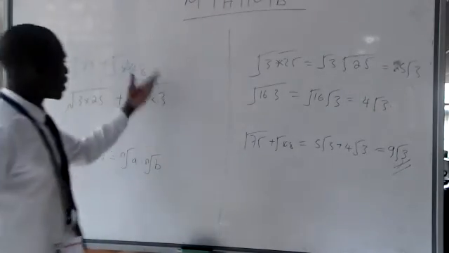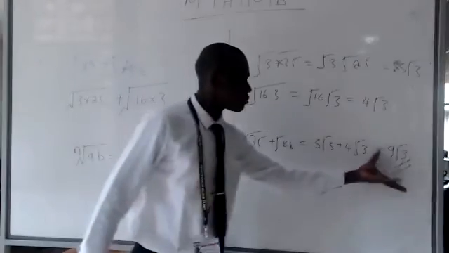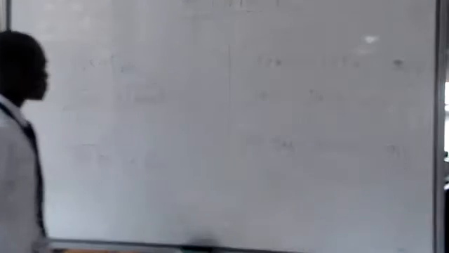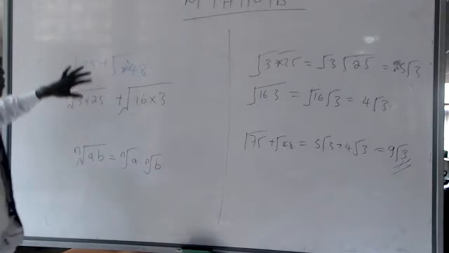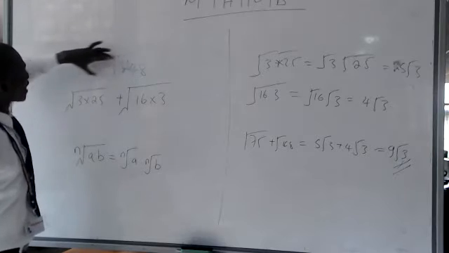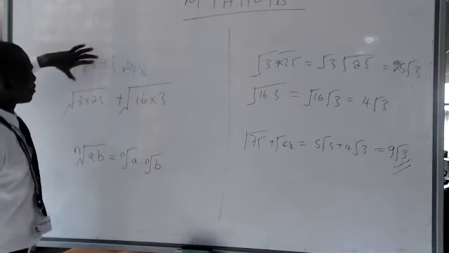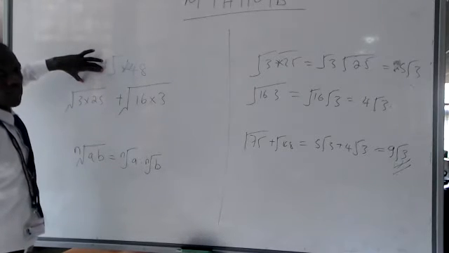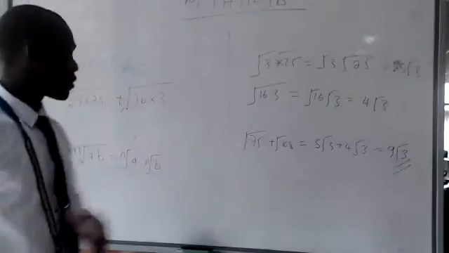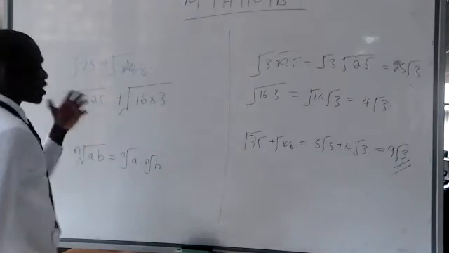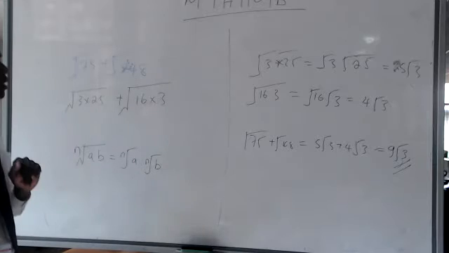So this way we have combined these radicals into one radical. So the trick here is to be able to write the radicals, so what is inside the root, should be able to write them as factors for which one of the factors is a perfect square. You should factorize them, and one of the factors should be a perfect square.